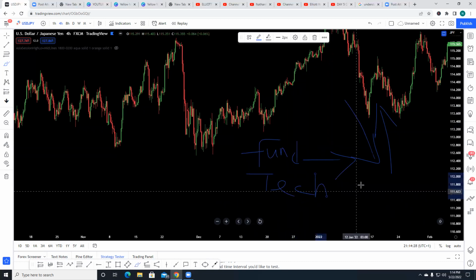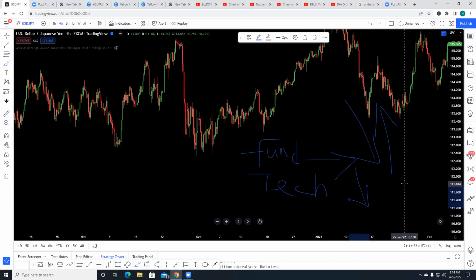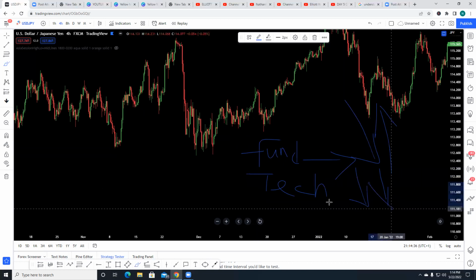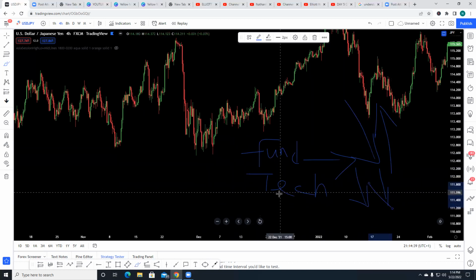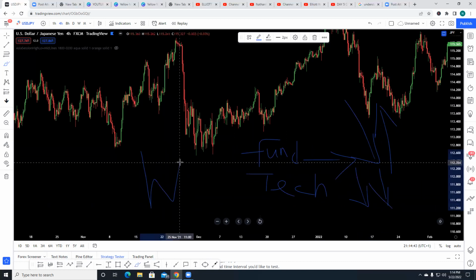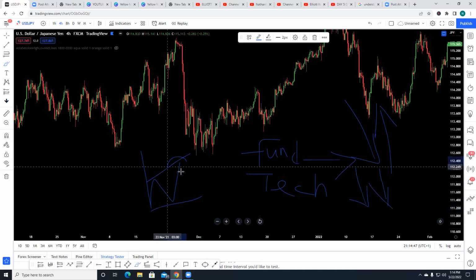If the market is to go down based on fundamentals, I want to see agreement on technicals for it to go down. And after I'm through with technicals, I must see impulse and correction. And for me to know that this correction is over, and what type of correction this is, I must have confirmation with an indicator. I must have confirmation.